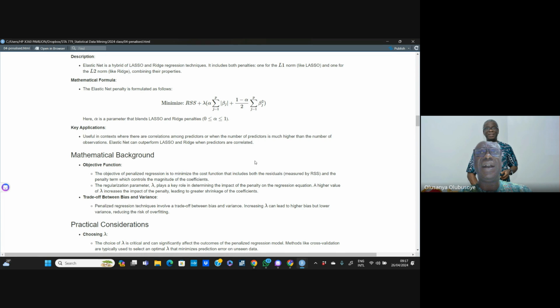Most people are still bothered about ordinary least squares, the linear regression techniques, where the underlying assumption is that there must be no collinearity. But if there is, you can use elastic net regression instead of ordinary least squares regression.